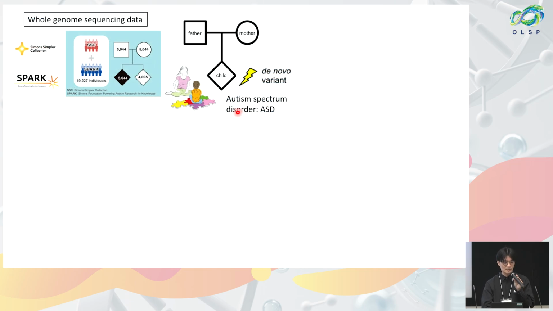And specifically, we analyzed data derived from autism spectrum disorder patients, a neurodevelopmental disorder characterized by impaired communication and repetitive patterns of behaviors and interests, and their unaffected siblings and unaffected parents.